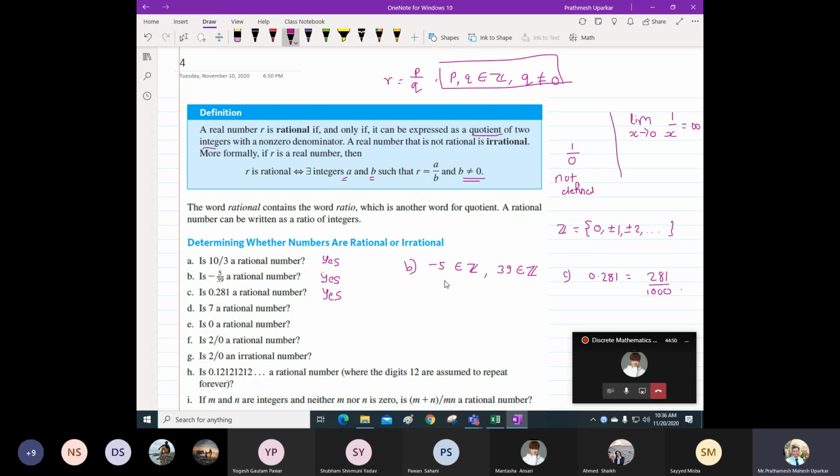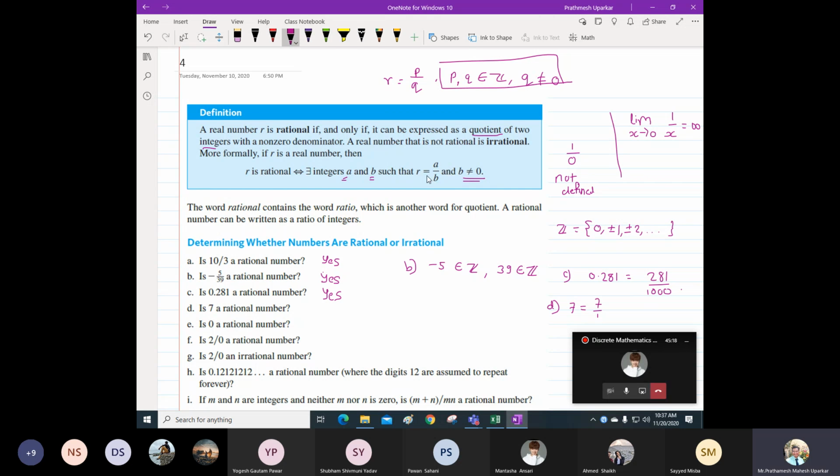So this I will write C over here. This I will write B over here. What about D? क्या कर सकते हैं D के बारे में? Can I write 7 is equal to 7 upon 1? It is in a upon b form, and b not equal to 0.